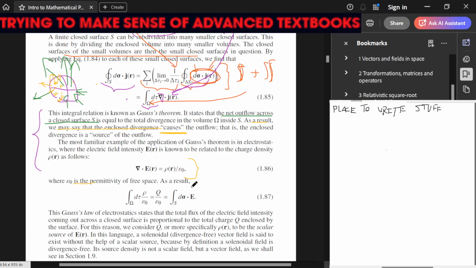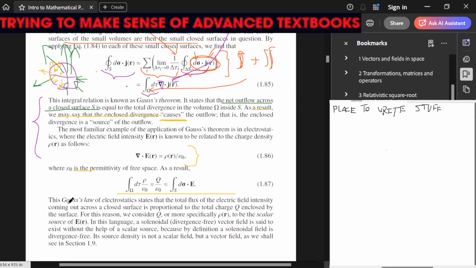As a result, this process of electrostatics states that the total flux of the electric field intensity coming out across a closed surface is proportional to the total charge inside this surface.